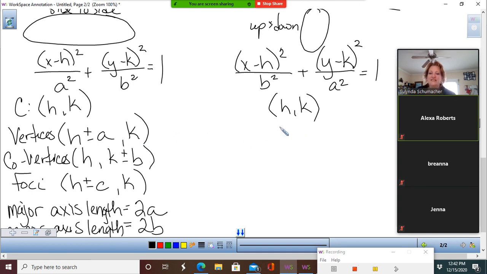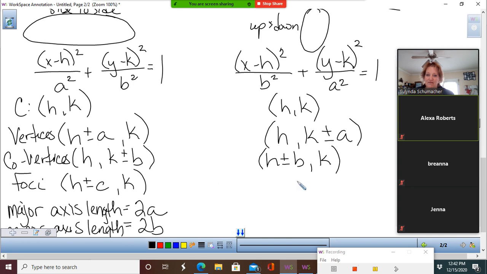Our vertices, this time because our vertices fall on the y-axis, h is going to stay the same, and k is going to be plus and minus the a value. Our co-vertices are going to be h plus and minus the b value, k. Our foci are going to be the same as our vertices: the h stays the same, and it's going to be k plus and minus the c value. Our major axis is still 2a, and our minor axis is still 2b.